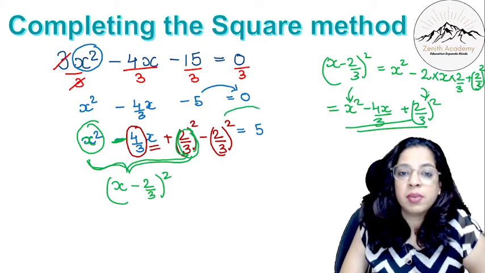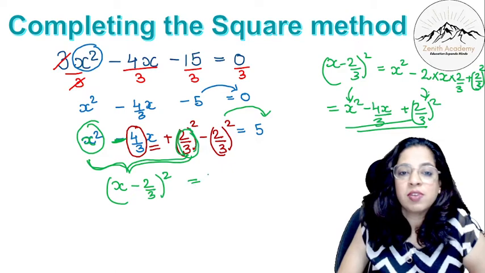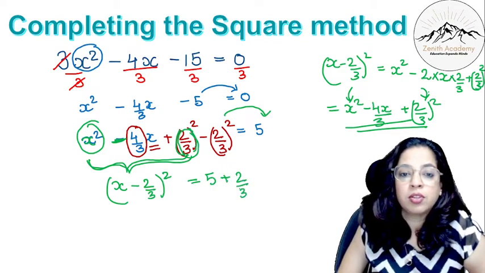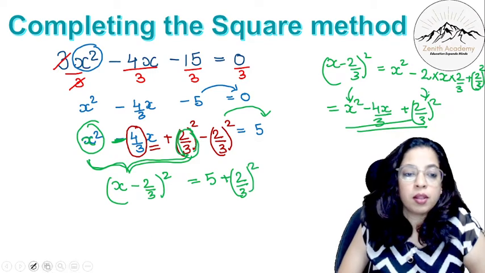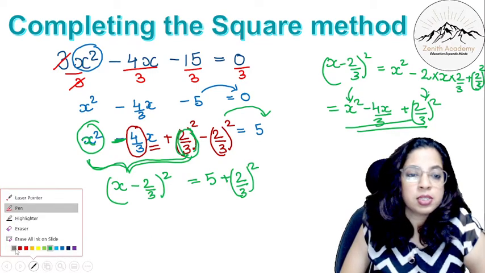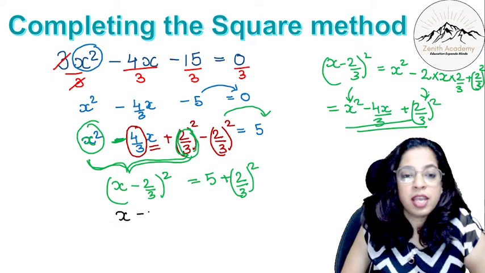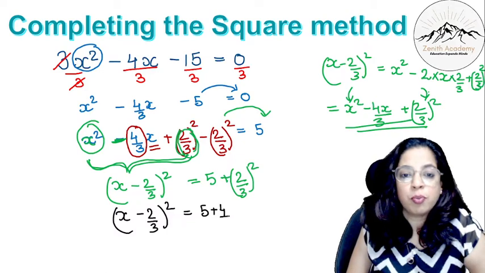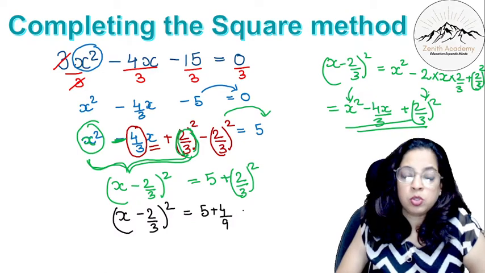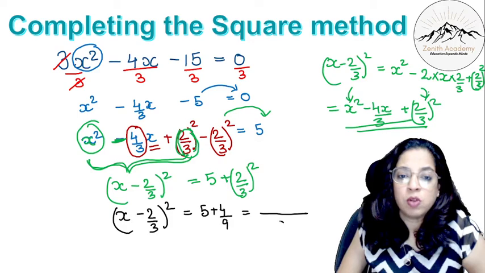Then you have this remaining, take it on the other side. This will become 5. Here it was minus, it will become plus 2 by 3 whole square. Correct? Now let's open this. So this will be x minus 2 by 3 whole square is equal to 5 plus 4 by 9. So what is 5 plus 4 by 9? Let me solve this.